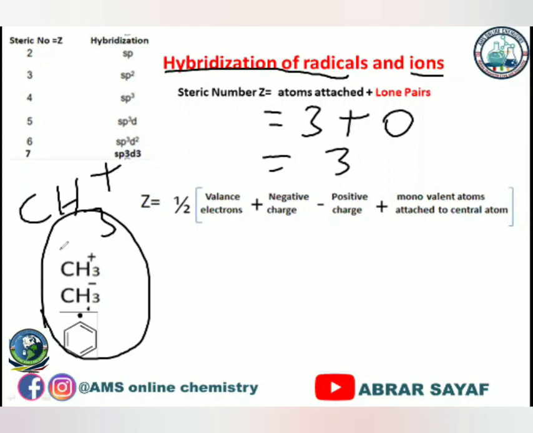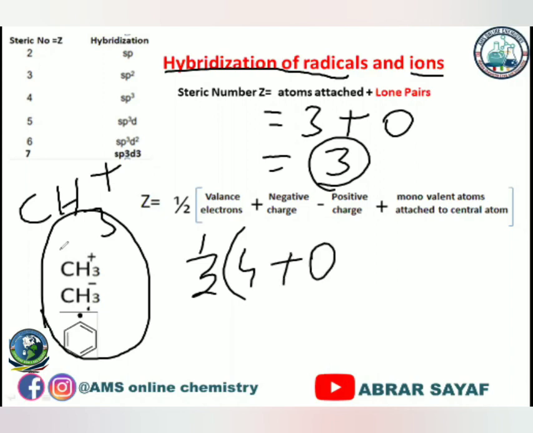So, the steric number. If we use this formula, how many valence electrons are there with the carbon? 4. There is no negative charge, but there is one positive charge, and monovalent atoms are 3. There are 3 hydrogens attached by single bonds.